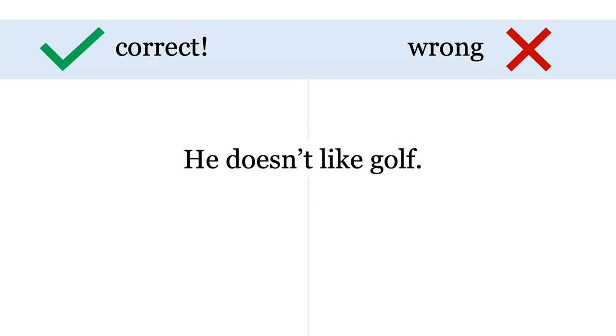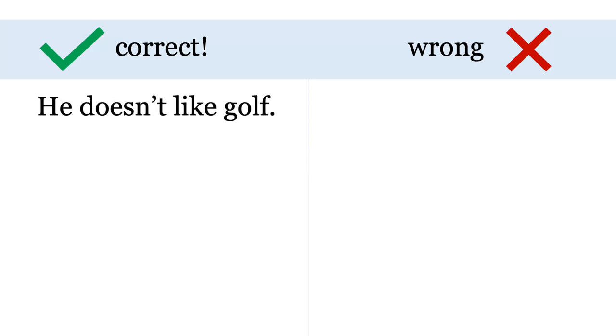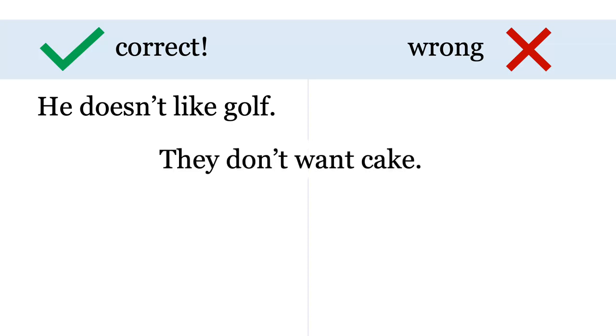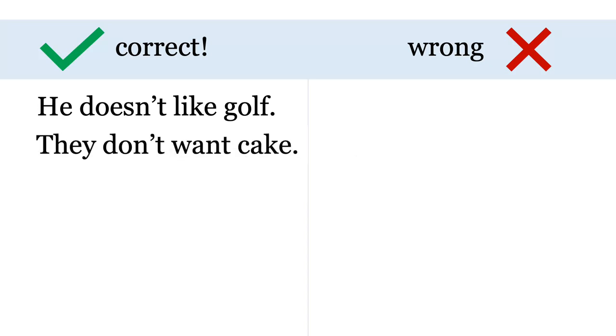Let's look at some sentences. Think. Is the negative form correct? First sentence is, he doesn't like golf. Yes, that is correct. He doesn't like golf. They don't want cake. Yes, that is also correct. They don't want cake.